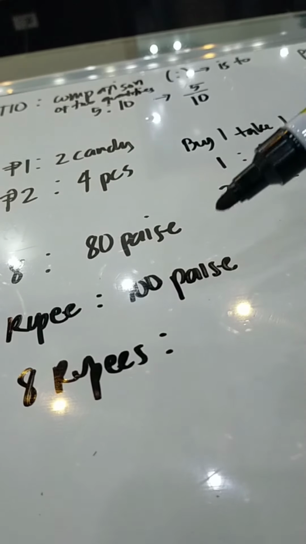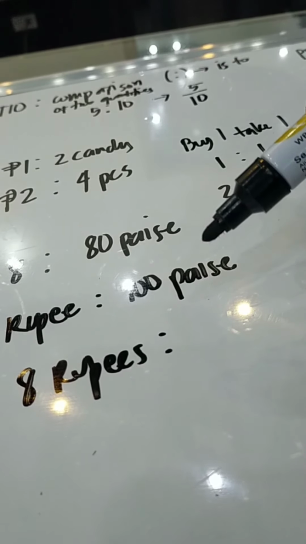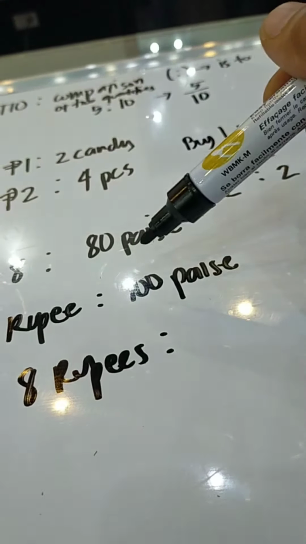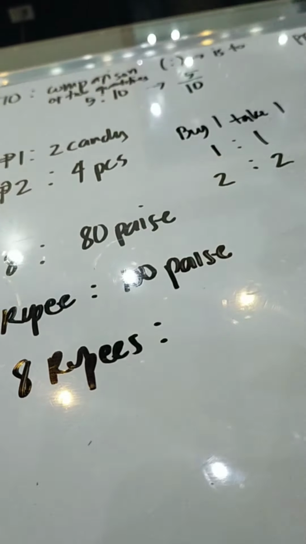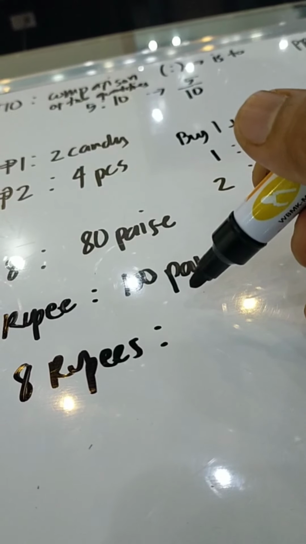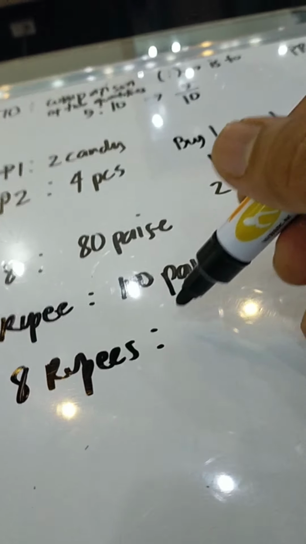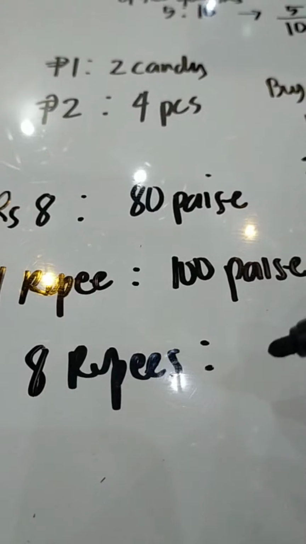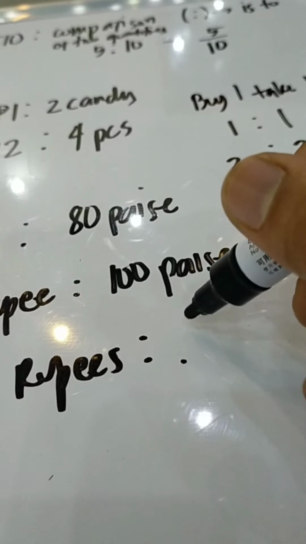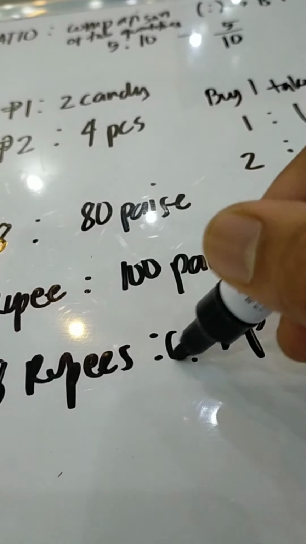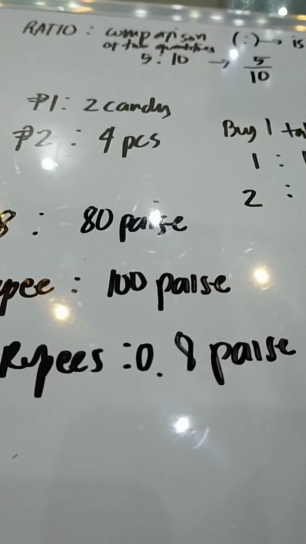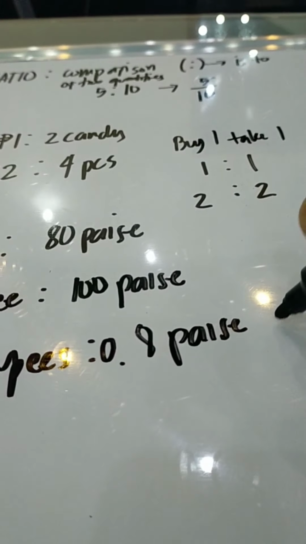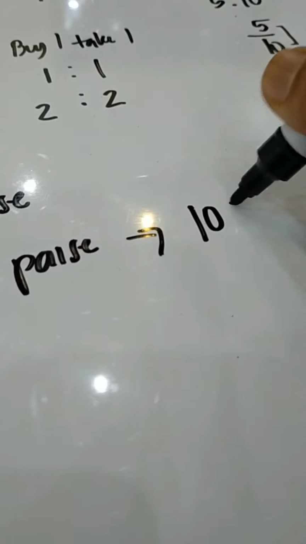So we have what? 1 is to 100. So we have 8 is to 0.8 rupees. So that's just one of the ways na express yung ratio, which is also equal to 10 is to 1.